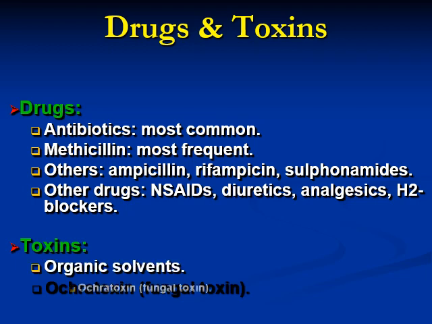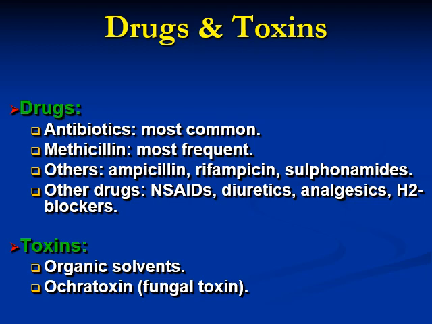The most common cause for the development of acute interstitial nephritis is exposure to drugs. The antibiotic group of drugs is the most common cause, among which methicillin is the most frequent. Other antibiotics that can induce acute interstitial nephritis include ampicillin, rifampicin, and sulfonamides.